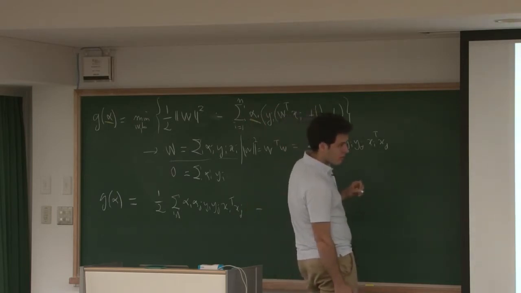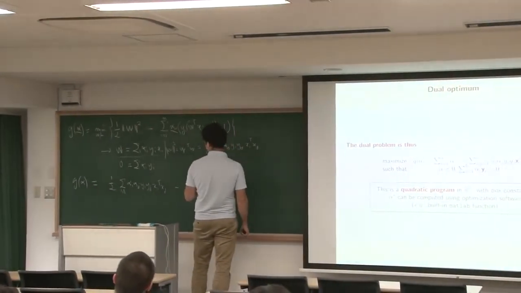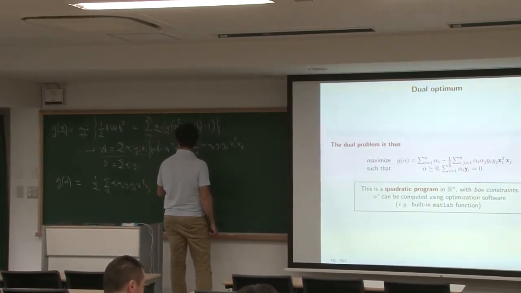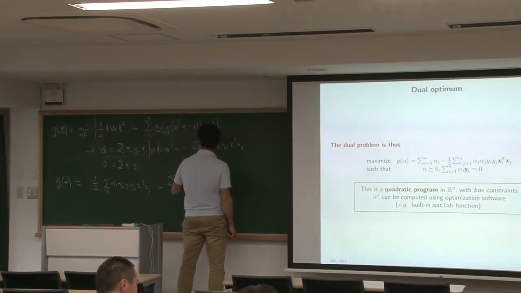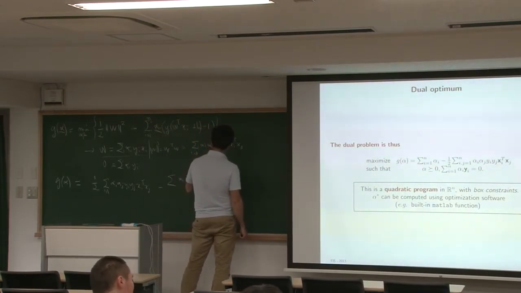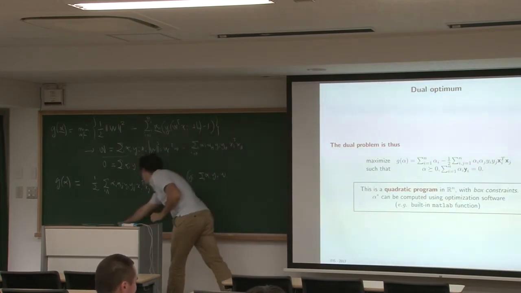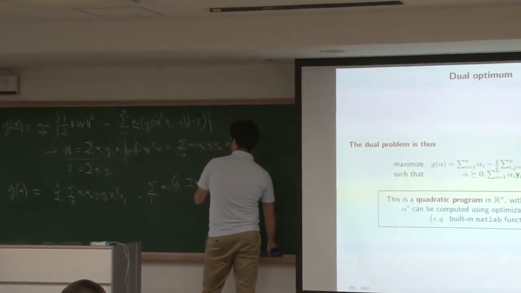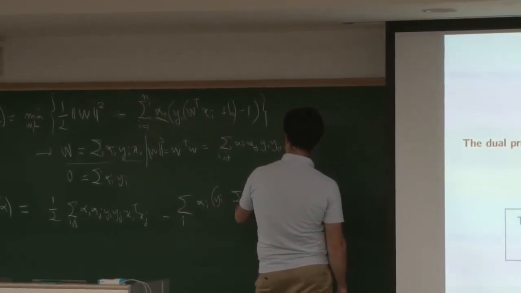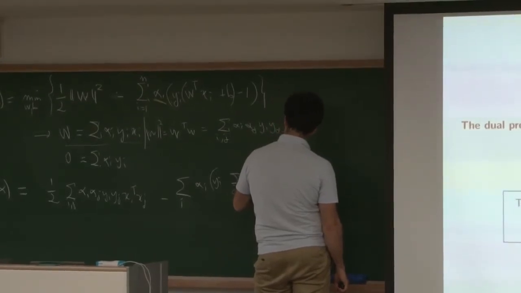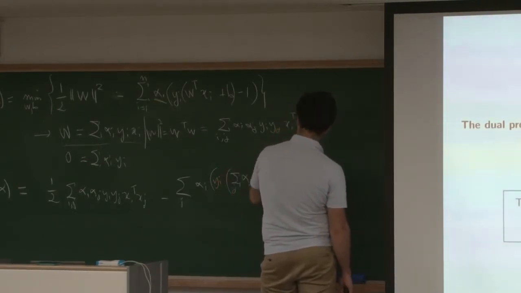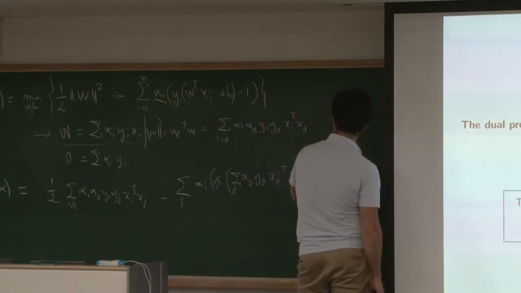a term which will be basically, what was it? So here I will have the sum of alpha I, yi, times the sum of alpha j, yj, xj transpose xi, plus b, minus 1.